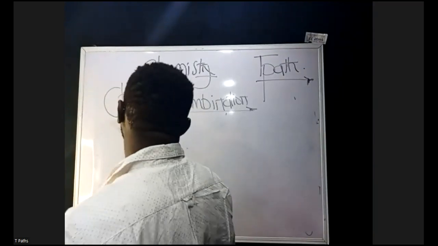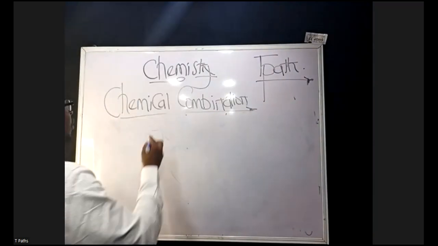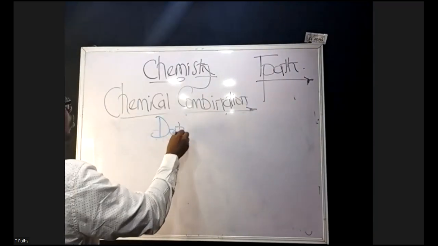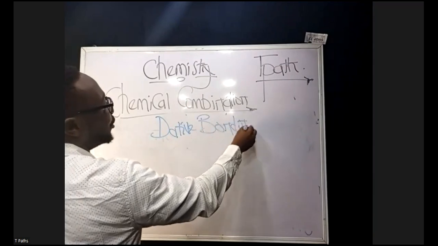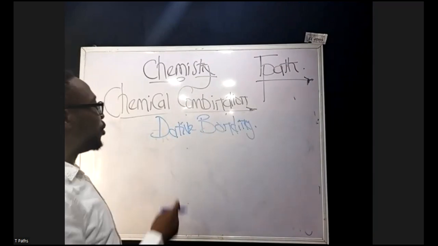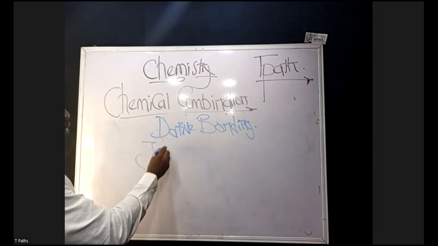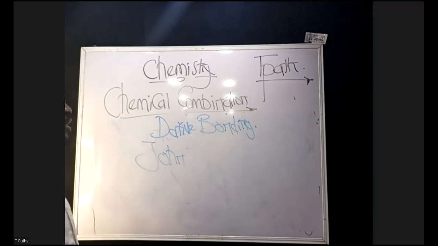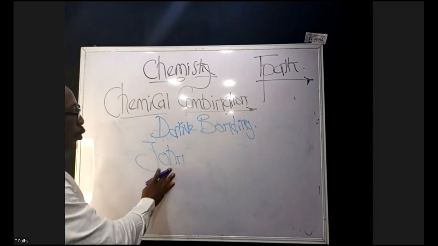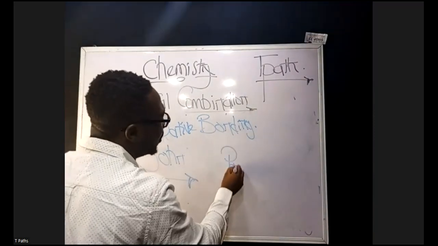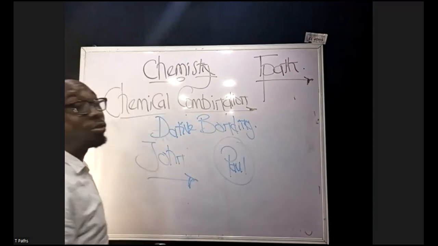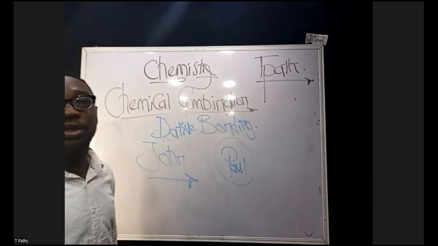Now, quickly, the last thing we want to talk about today is dative bonding. Very important. I'll explain it in a very funny way. Let's say we have a boy, John. He's a very rich man, and he was walking back home one day, and he saw his friend Paul. He asked, Paul, where are you going? Paul said he does not have a house or a place to stay.